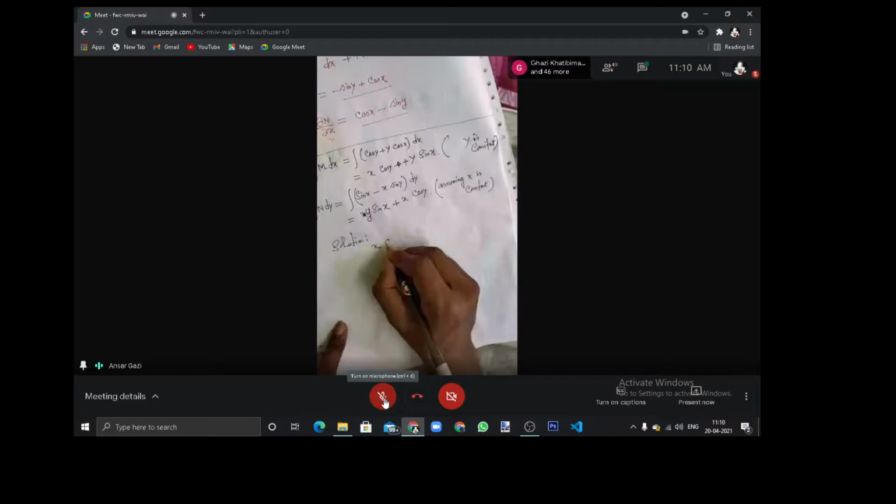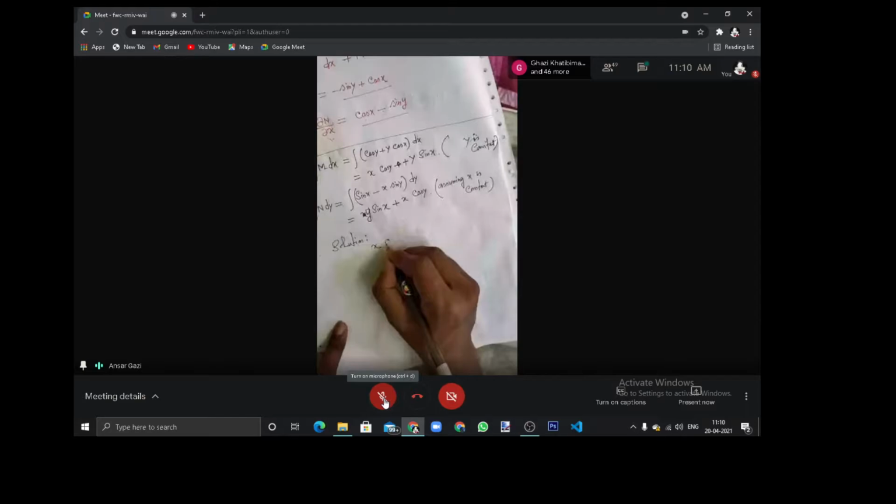If dx plus dy, then you can write this equal to d of x plus y. All of you clear? And if minus, then it is minus.